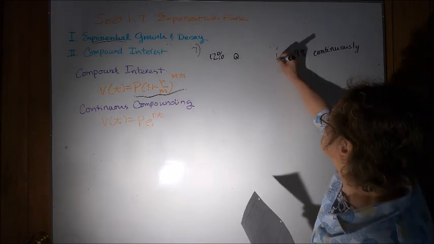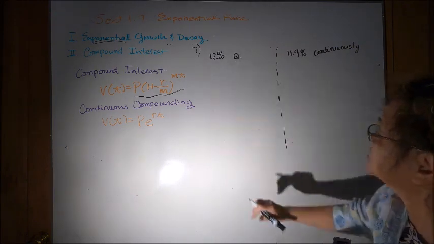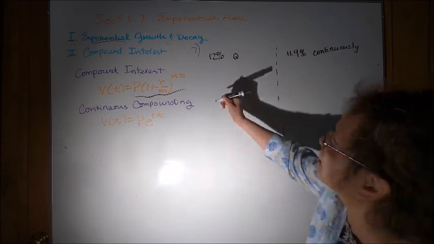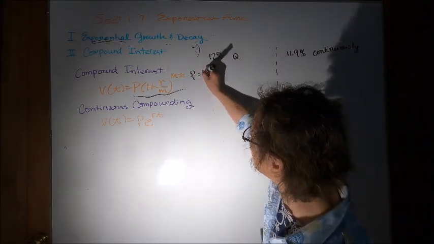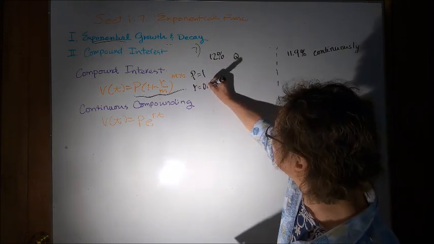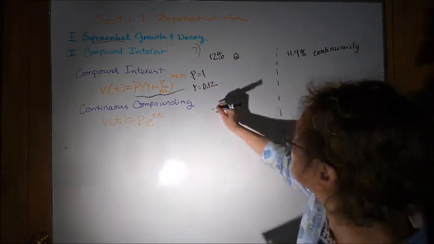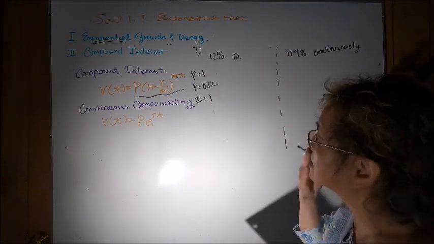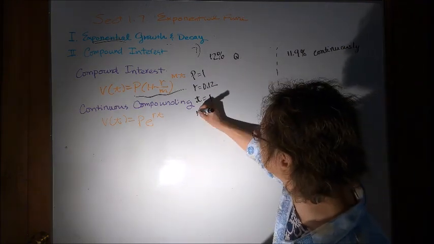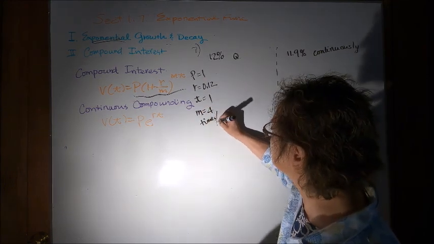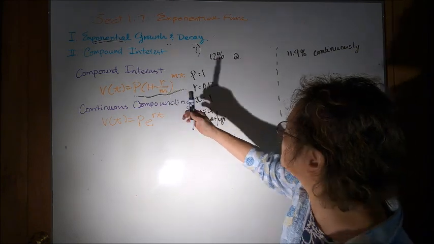Okay, let's take a look. One is compounded quarterly. So we just use $1. So P is $1, right? My rate is 12%, 0.12. Then we just do it for 1 year, then we can compare already, right? So if compounded quarterly, what's your m? 4 times per year. So we use the first formula.